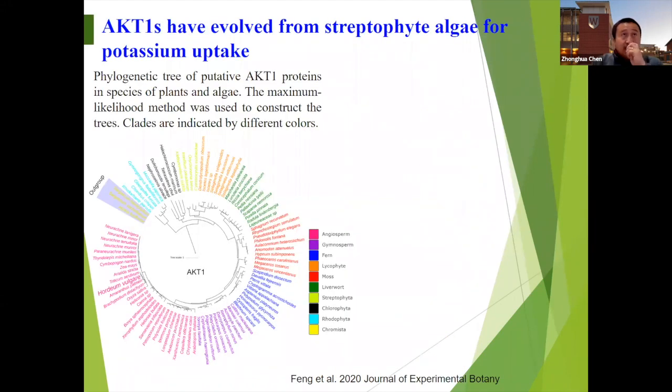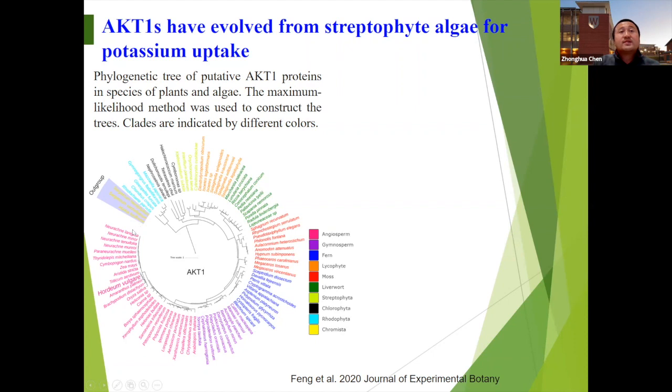For HvAKT1, we first conducted a phylogenetic analysis of a putative HvAKT1 protein. So those are the ones we identified in the 1KP, 1,000 plant transcriptome database. This was published in 2019, and there are over 1,300 plant and algae species.